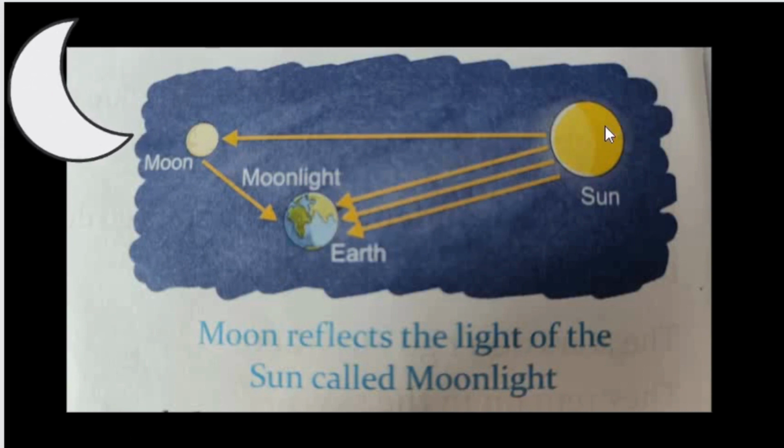See here, the sunlight goes on the moon surface, and from the moon surface this light reflects, and that light comes to earth. So what is the moonlight? The moonlight is the reflected light of the sun, or reflection of sunlight.